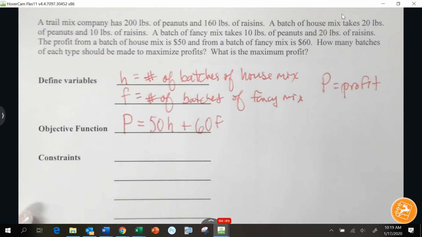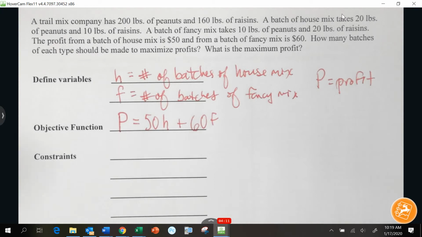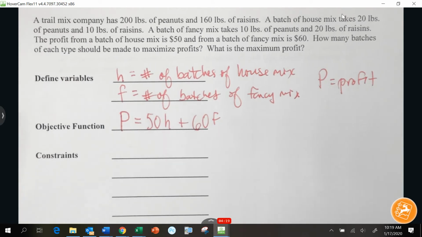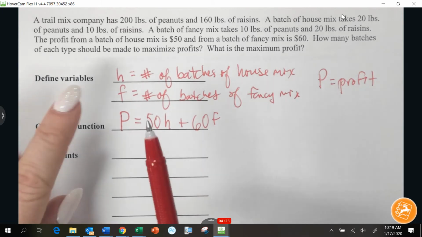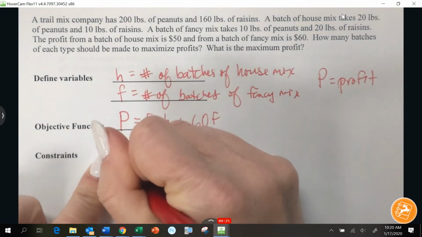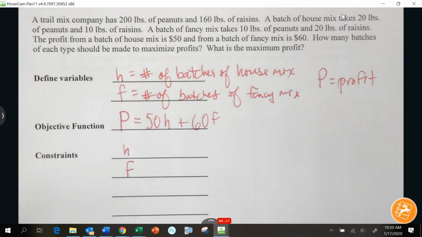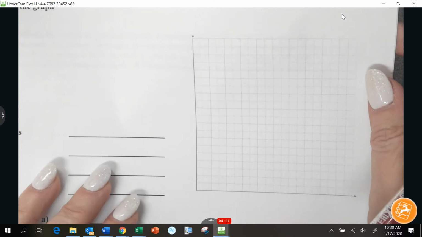Now the constraints. When we start to graph this, there are certain things. Here's where some people struggle a little bit. The first two constraints we shouldn't struggle on. We're going to talk about H and F just as what they can possibly be. And here's a huge hint: I only gave you first quadrant.